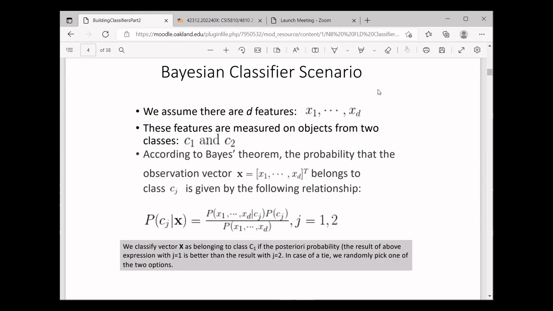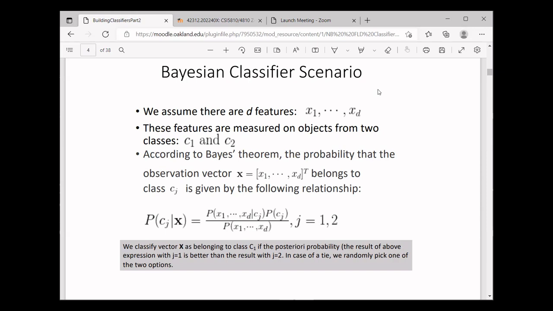And to keep discussion simple, we will assume that we have two classes. We will label them as class C1 and class C2. So what we have done is we have a collection of objects that come from either class C1 or from class C2. And on each of these objects, we have made D measurements. So basically, we have a collection of vectors in D dimensions, and these vectors come from two classes, C1 or C2.